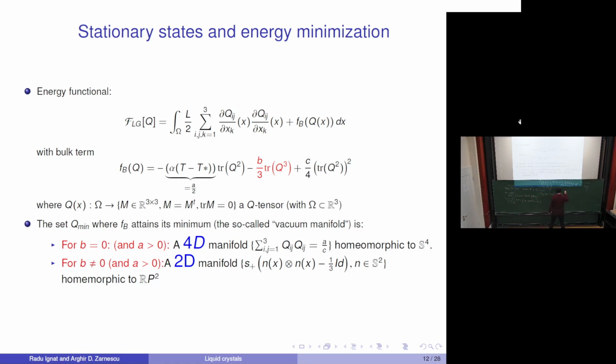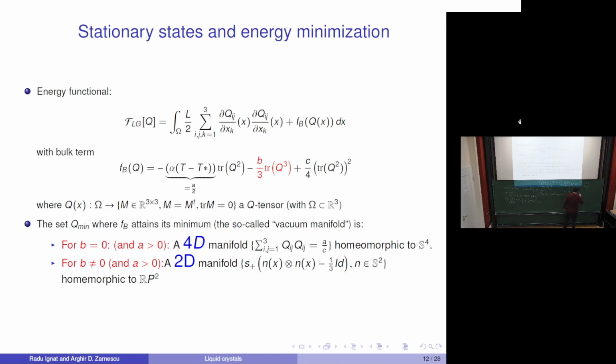And then I can write this function, defined on matrices, as a function of 3 variables, lambda 1, lambda 2, lambda 3, and I minimize that one. So let me call this F_B hat of lambda 1, lambda 2, lambda 3.